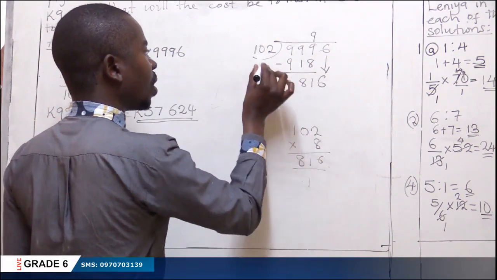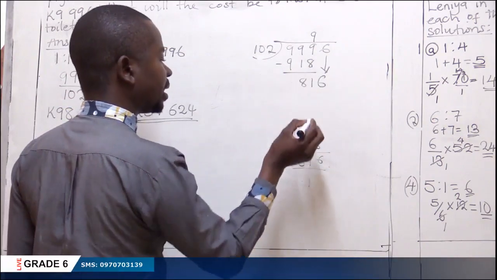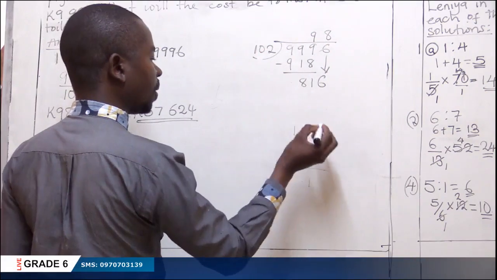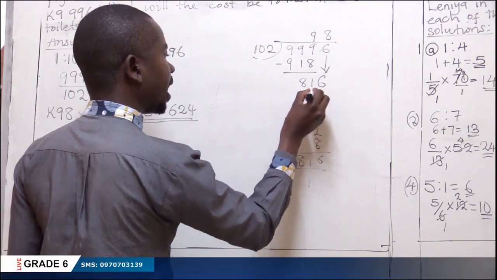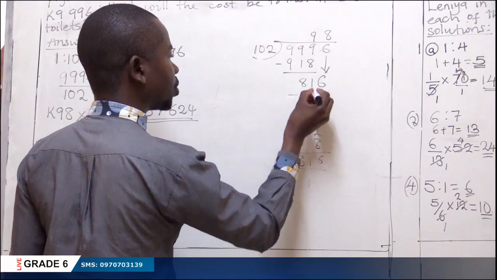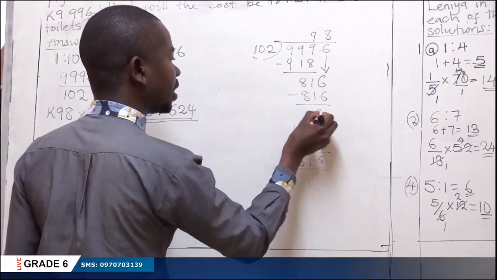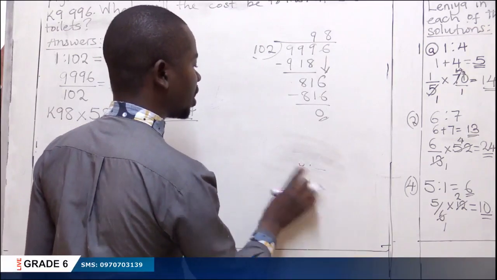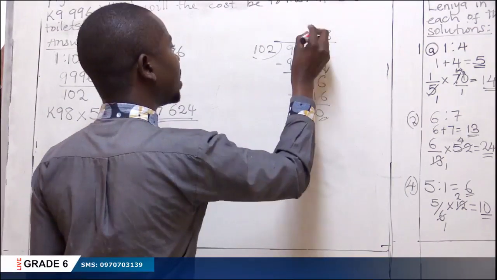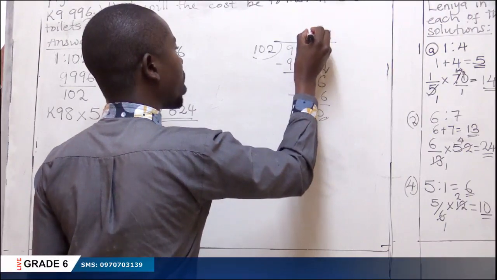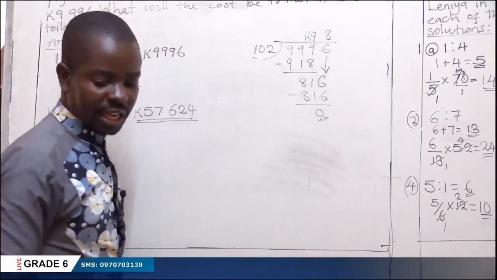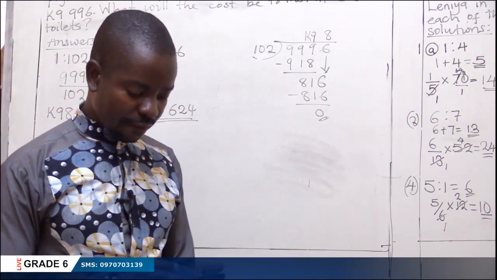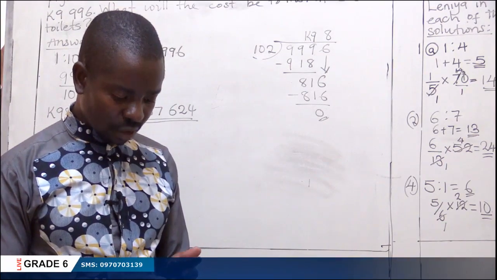So we know that 102 in 816 will go 8 times. 8 times 102 is 816. 816 minus 816 will give us 0. So this is how we have found the 98 kwacha. I hope I've explained how we have found the 98 kwacha.